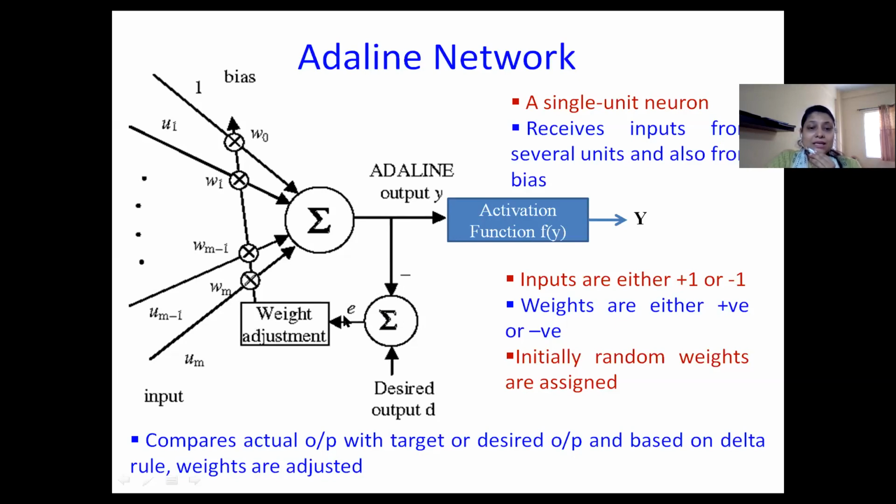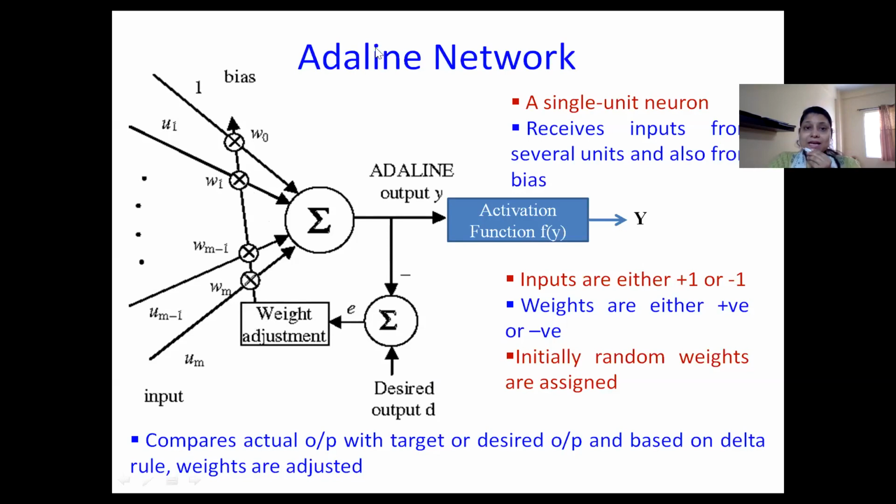So what you can see is, suppose you are getting one error E. This is one error, which means that there is some error between what we are getting from the Adaline and what we have as our desired output. So automatically there is a difference between this Y and D, and for this particular error, we now need one weight adjustment technique, which is based on the delta rule or Widrow-Hoff rule, so that we can change all the weights. And that weight updation rule I have already covered in the previous slide.